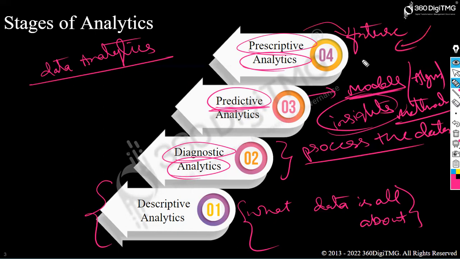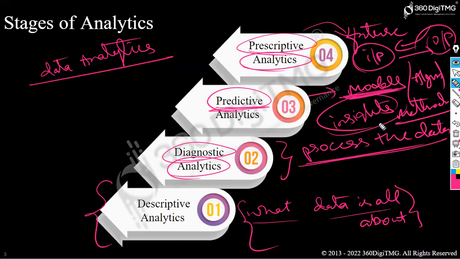If there is a new input, the model should respond and give an output right there. Again, it need not go through the steps of understanding what the data is all about, what process and how to understand the data, and what model to use, and then prescribe.